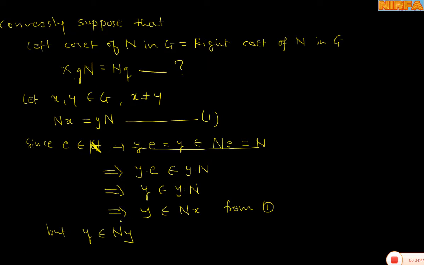So it means no single element is common between any two right cosets, and if it is possible, that means one single element we are observing that is common in both right cosets, it implies that nx is nothing but equal to what? Ny.